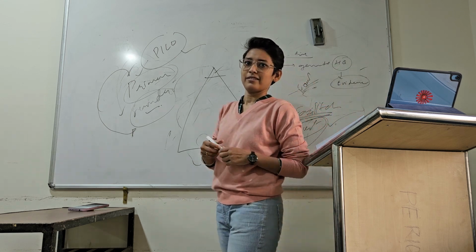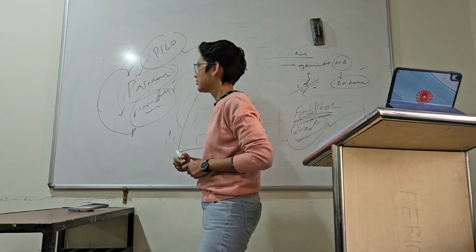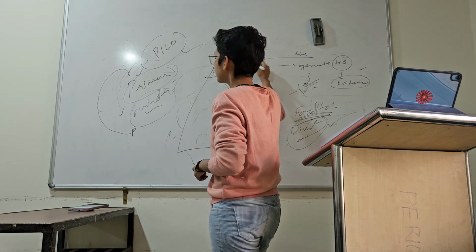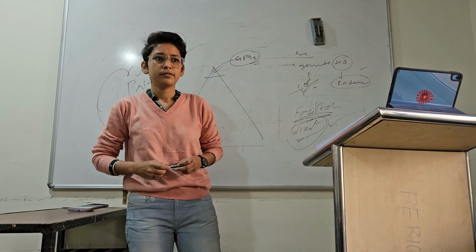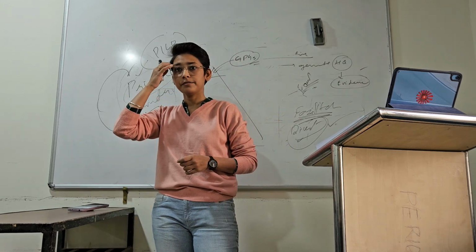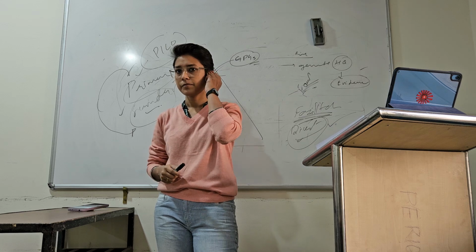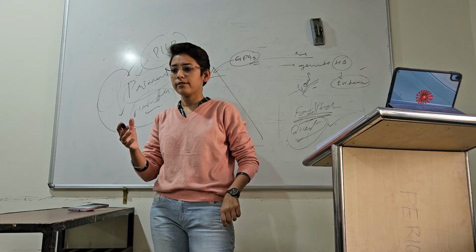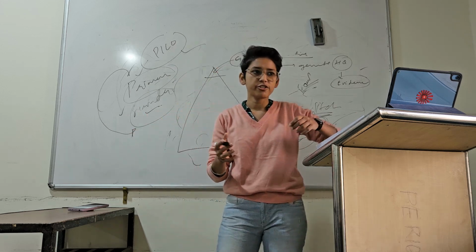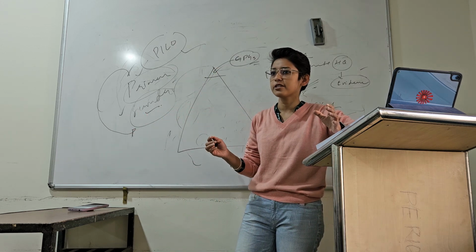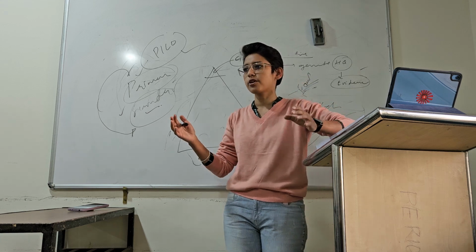Clinical practice guidelines. You have CPGs. What are CPGs? After a lot of research is done, they produce a set of guidelines for you to follow, and it becomes part of your daily clinical practice. For example, the European Federation of Periodontology has given guidelines on how to manage patients with stage 1, stage 2, stage 3 periodontitis.